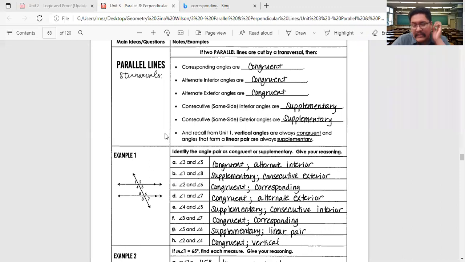And so those are just some of the things that we know always happen whenever you have parallel lines cut by a transversal. Oh yeah, and from unit 1, remember vertical angles are always congruent. So like 8 and 6, vertical angles means that they're on opposite sides of the intersection. And the angles that form a linear pair are always supplementary.